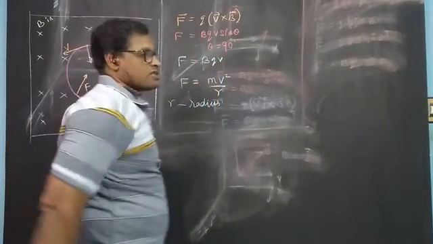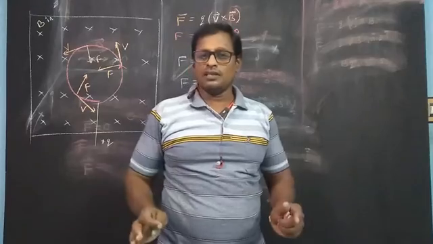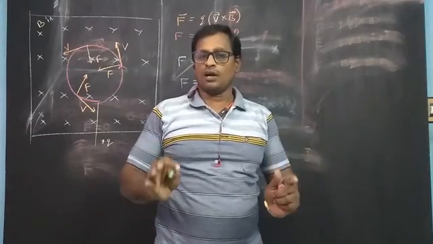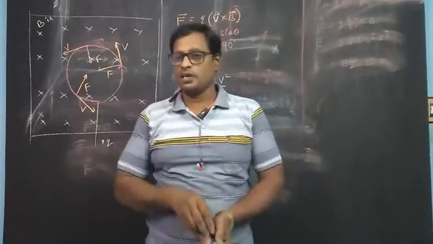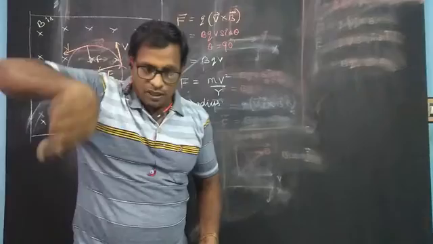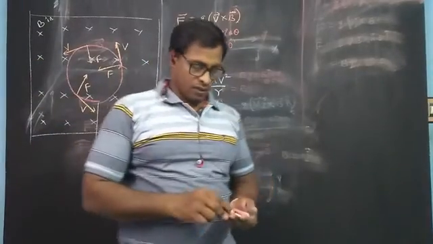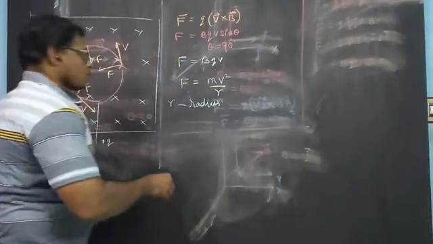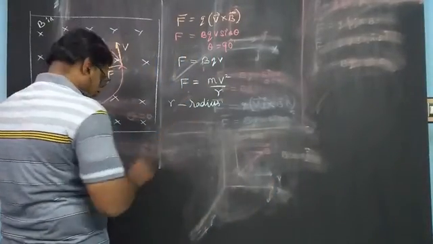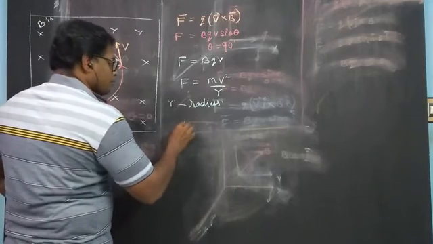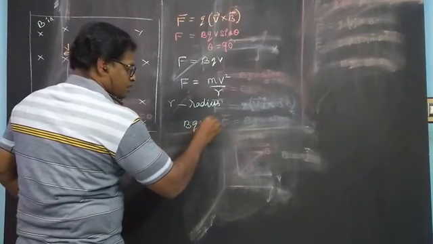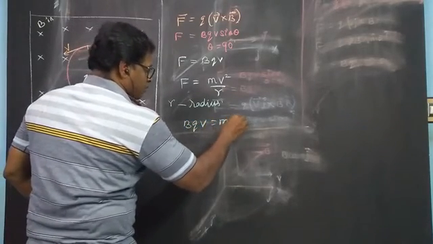If both the forces are equal, then only the body can revolve around the circular path. Both are equal. So we can write BQV is equal to mv square by r.